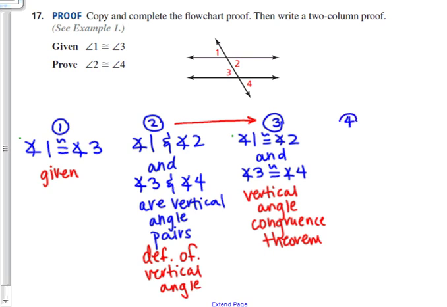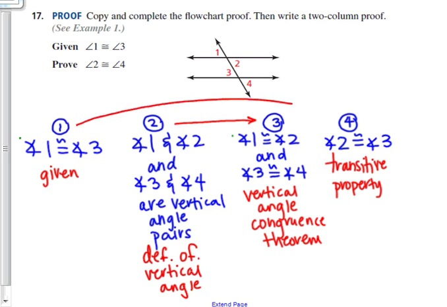So for my step 4, I'm going to say that angles 2 and 3 are congruent. That's just from my transitive property. And that came from here and here.